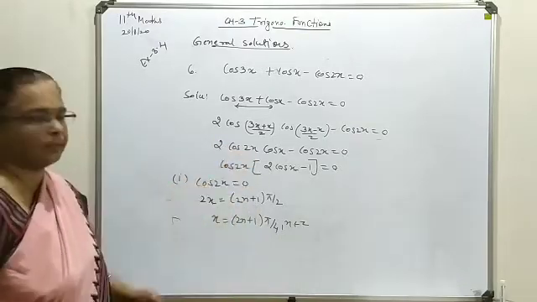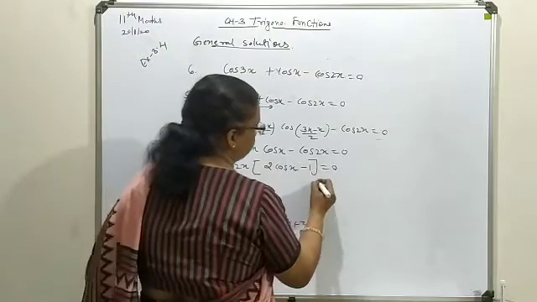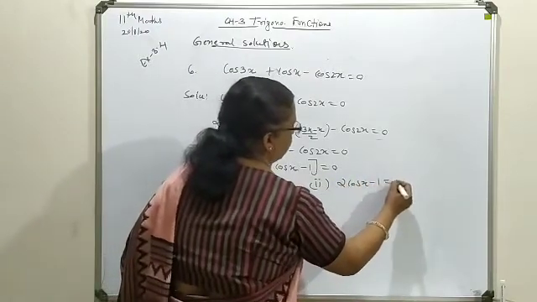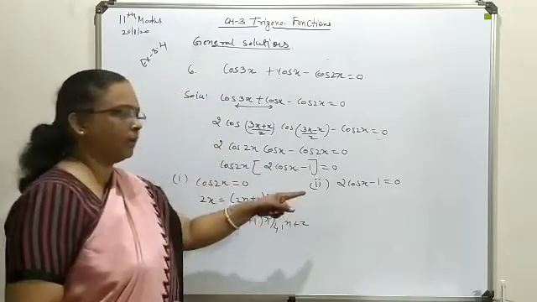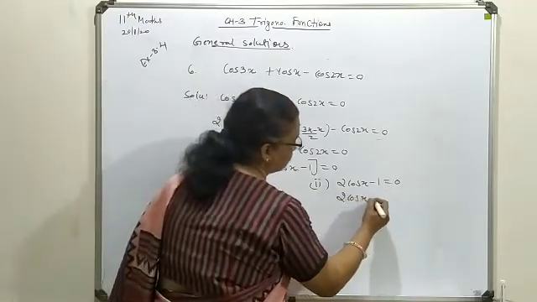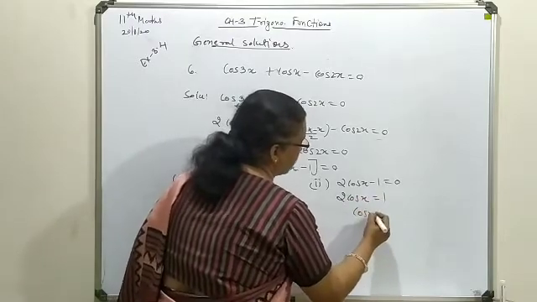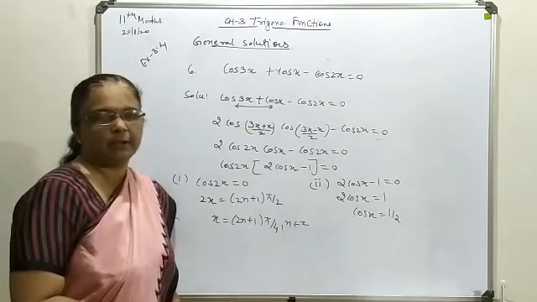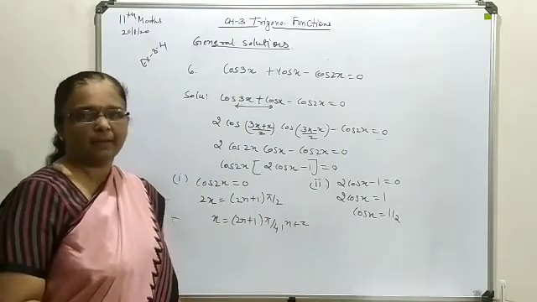Move towards the second bracket, which is 2 cos x minus 1 is equal to 0. From here you separate cos x. Cos x is 1 by 2. 1 by 2 means which degree? It is 60, π/3.